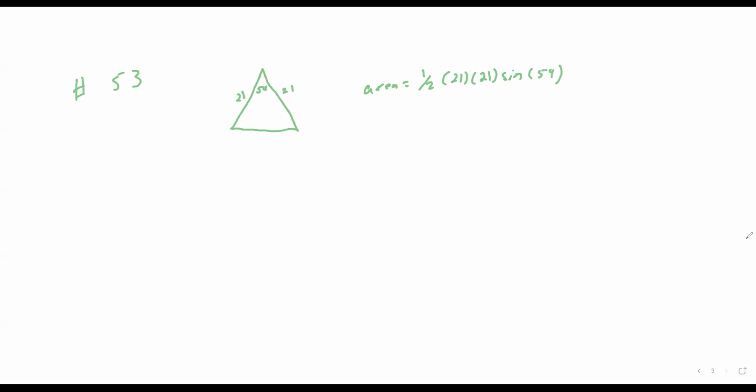So we'll just type that into the calculator. So again, I'd like to do 0.5 times 21 times 21 times sine of 54.